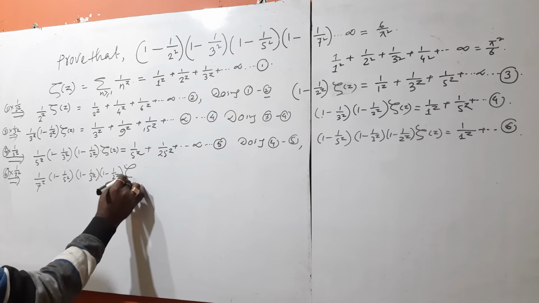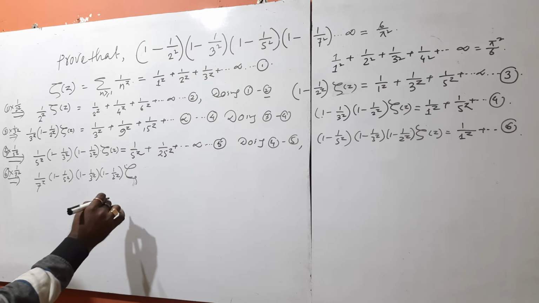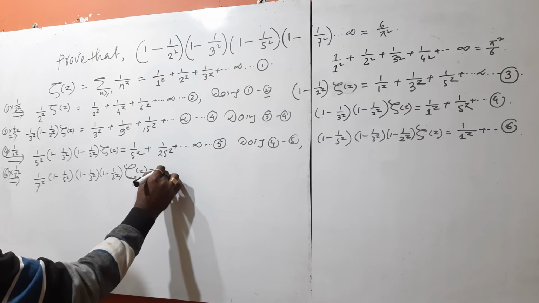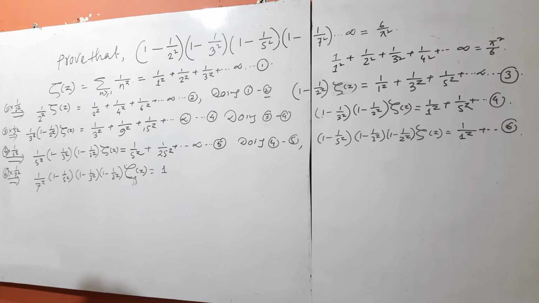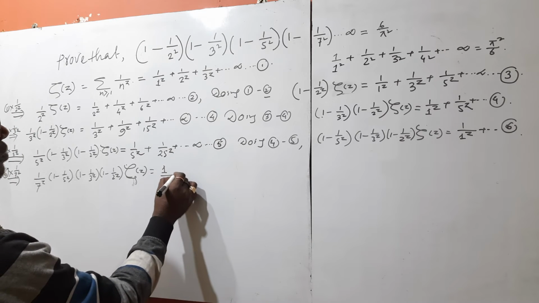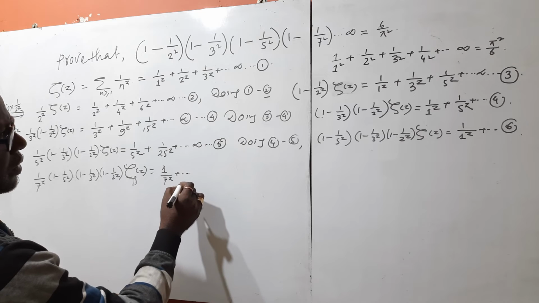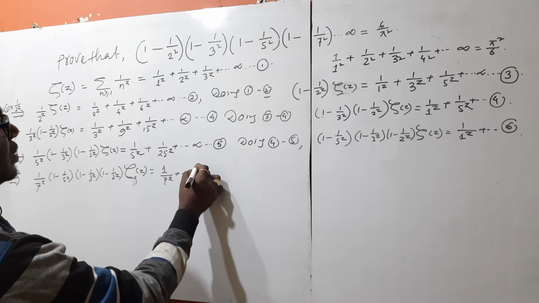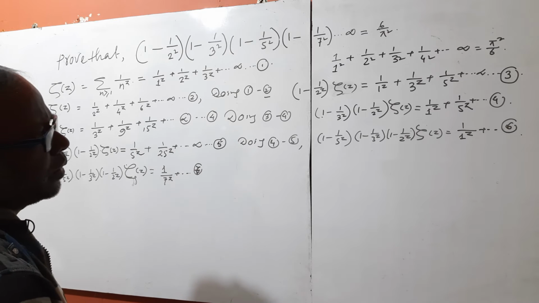Riemann zeta function of z, and that is equal to, multiply by 7 to the power z to this equation, then we get 7 to the power z plus dot dot, and that is equation number 7.